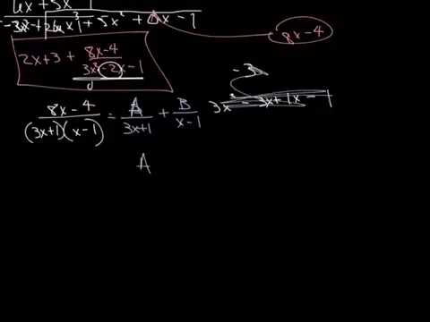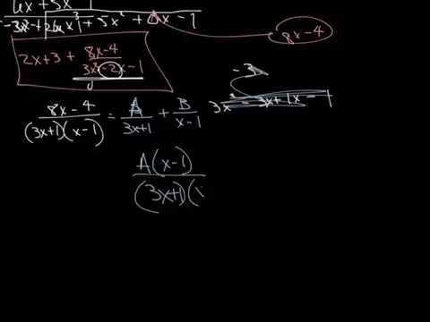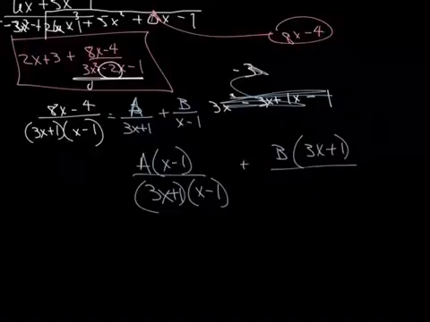So we've got A times x minus 1 over 3x plus 1 times x minus 1, plus B times 3x plus 1 over 3x plus 1 times x minus 1.